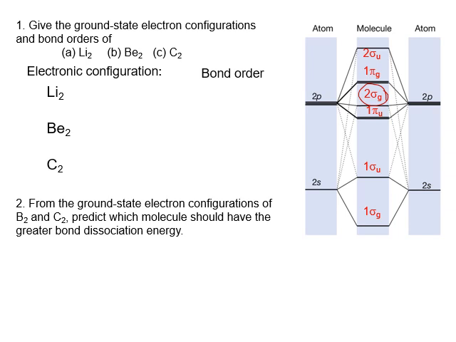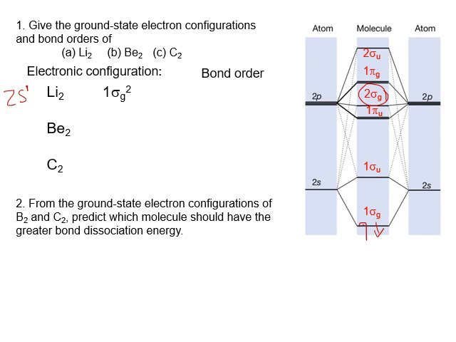For the lithium atom, it's 2s1. Now you have 2 lithium, so the total valence electron count is 2, and both go to 1σg. And so the electronic configuration is 1σg2.